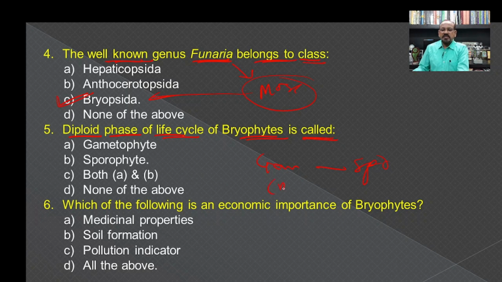The gametophytic phase is haploid and the sporophytic phase is diploid, and both these phases alternate with each other, which is known as alternation of generations. So the diploid phase is the sporophyte, and hence B will be the correct answer for this question.